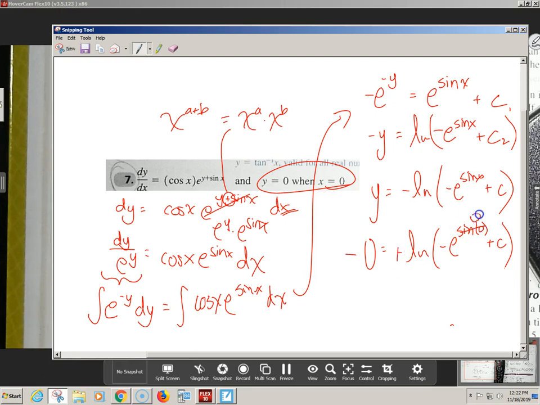Sine of 0 is 0, right? I need to get rid of the ln to get to my c, so I'm going to have e to the negative 0. But isn't that 1? And then I have negative e to the 0 is negative 1, because anything to the 0 is 1, there's a negative. So c equals 2.